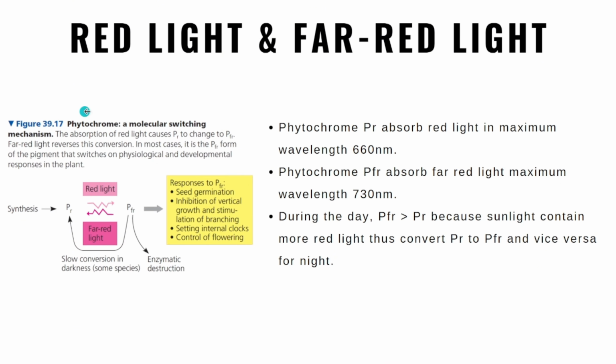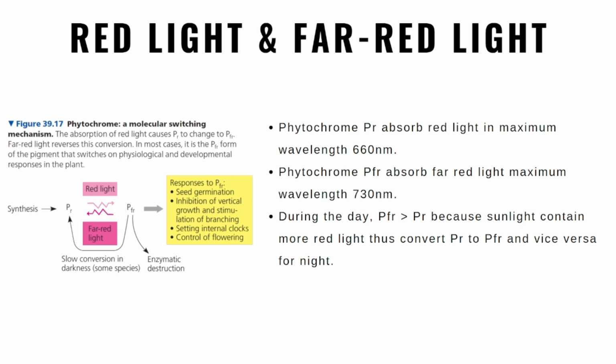You can imagine that in plants we have pigments, like the chlorophyll pigment. We know that chlorophyll absorbs light at red and also blue wavelengths, right? We have two types of photosystem, P680 and P700, right? Similarly, phytochrome is also like this, but we don't need to know the location of the phytochrome.